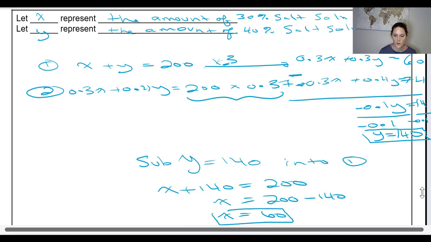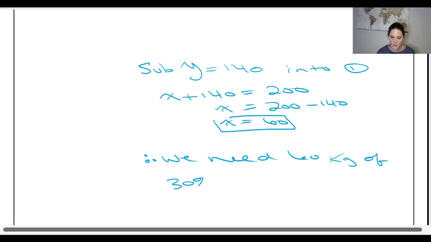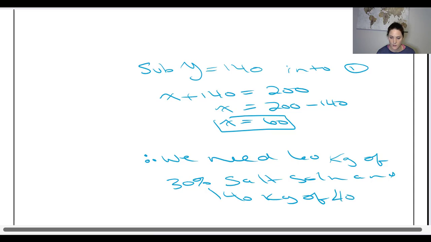So therefore, we need 60 kilograms of 30% salt solution and 140 kilograms of the 40% salt solution to make the mixture.